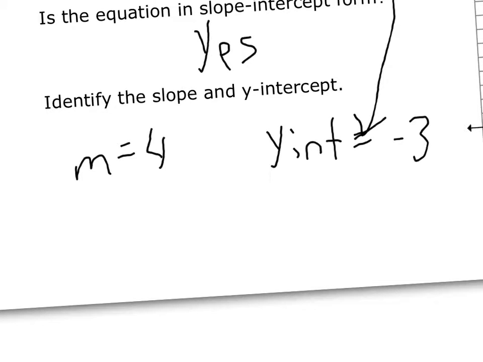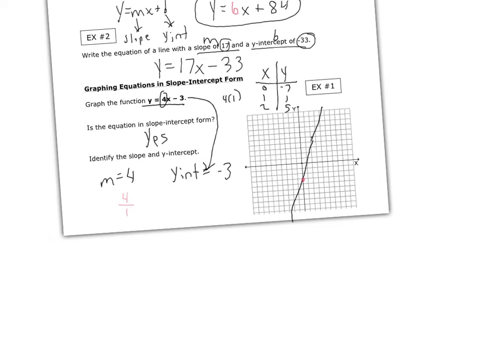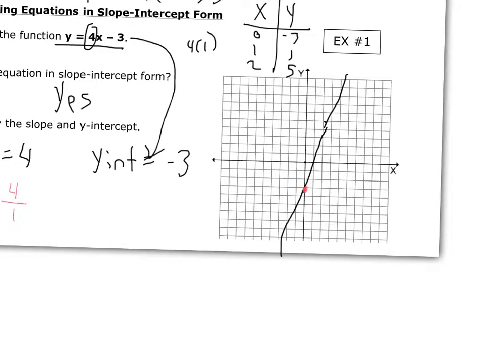So 4 over 1 is the same as a slope of 4. Let's apply that slope to that y-intercept. If we go up from that y-intercept 1, 2, 3, 4, and to the right 1, and then draw our line, well, looky there. You end up having the same exact line without doing the t-table. That's something that we will continue to practice a little bit.